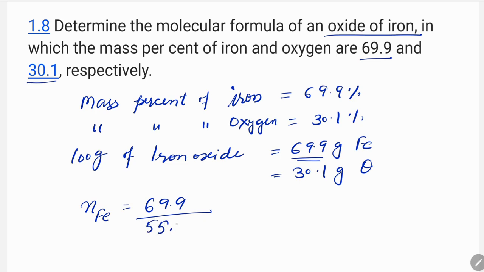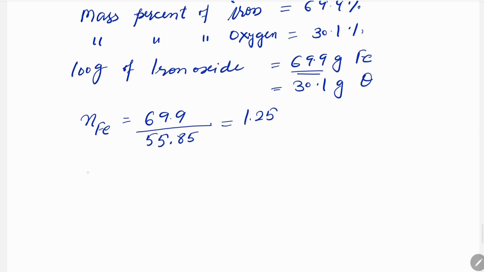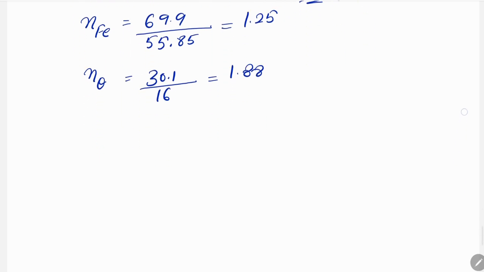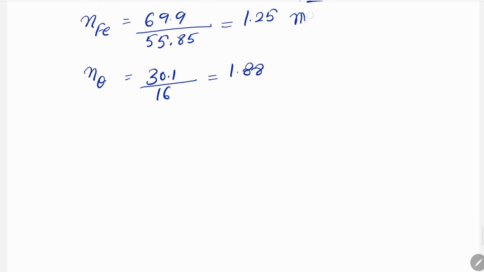You can also take the exact value, that is 55.85. You can also take 56, that is also correct. It comes out to be 1.25. For the number of moles of oxygen, the given mass is 30.1 divided by the mass of oxygen, 16. It comes out to be 1.88. These are number of moles.